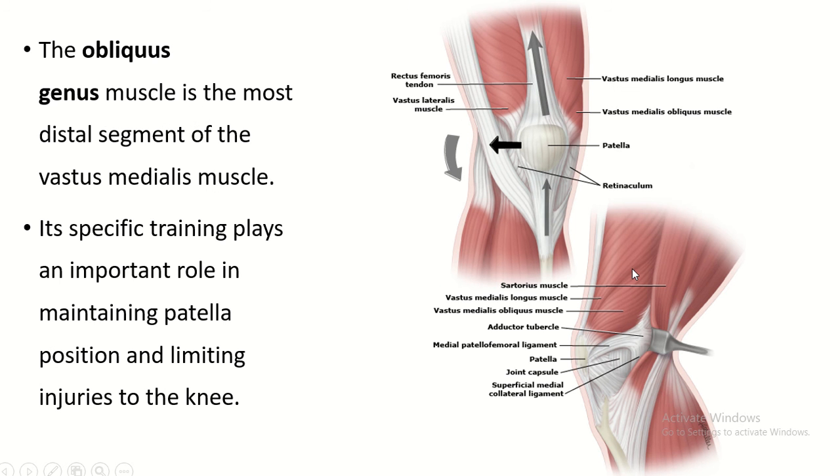There are different parts of the vastus medialis, this is the vastus medialis longus and this is the vastus medialis obliquus, and this obliquus muscle is attached to the medial border of the patella, and it is mainly responsible for preventing patellar displacement.